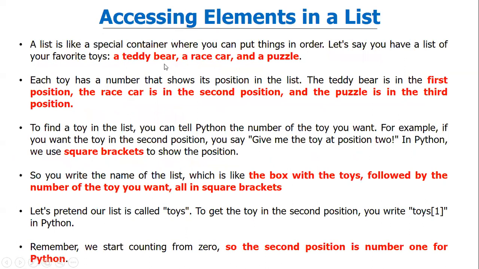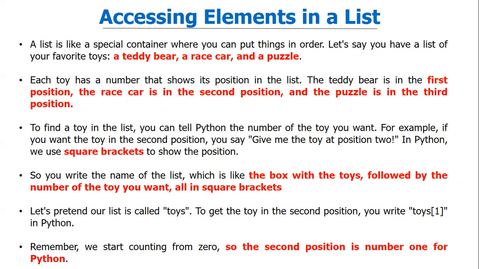All right. Now, when you are done, let's use a basic example over here. Let's pretend our list is called toys. Now, to get a toy in the second position, you write toys[1] in Python.